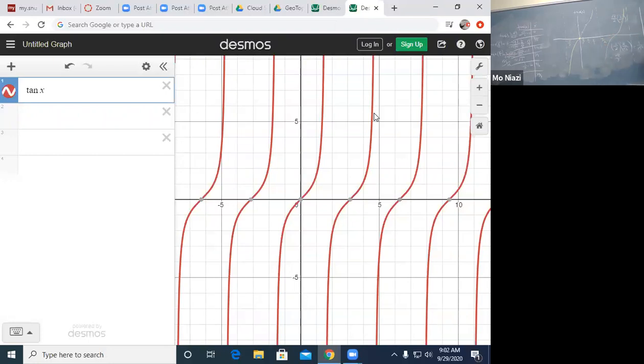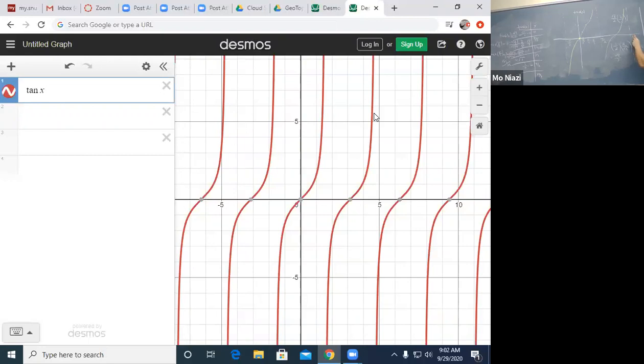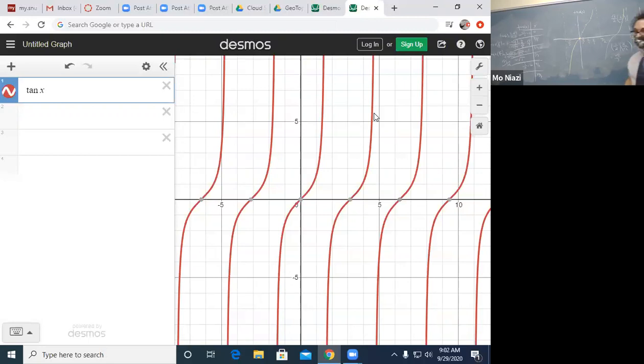What value do you predict this to be at? Three pi over 2. Oh, not a bad prediction. Why do you say that, Anthony? Well, because the value will be undefined because the sine is negative 1 over 0, which is cosine, is going to be undefined, so that's where it needs to be. Yes. That's why you get the vertical asymptote, because you'll be dividing by 0. Okay?